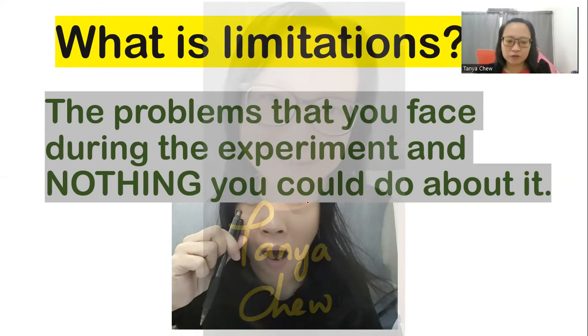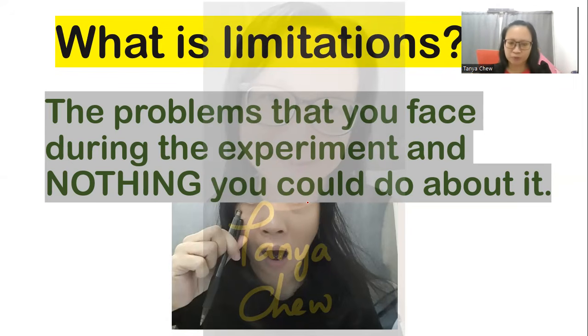Most of the students love to give this as the limitation. They love to state that there's not enough values of, for example, H, or the measurement of H is not accurate.